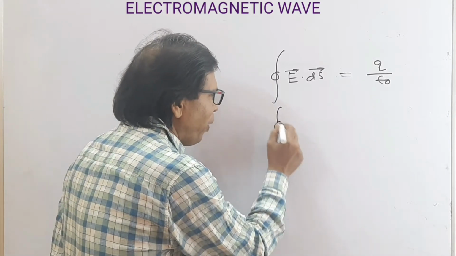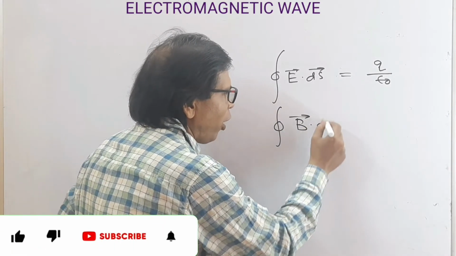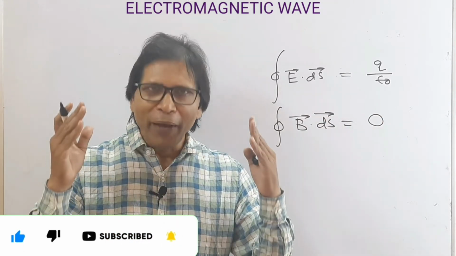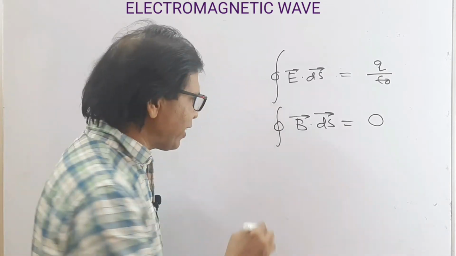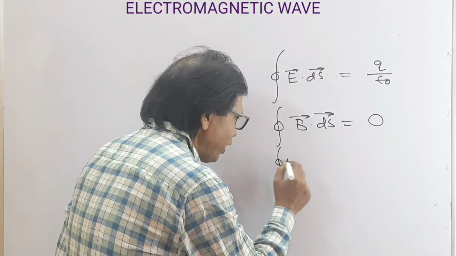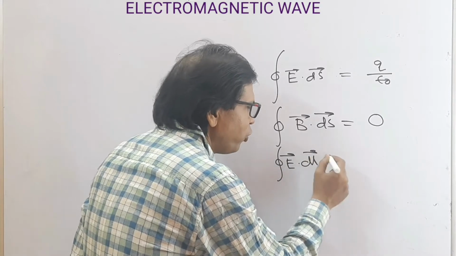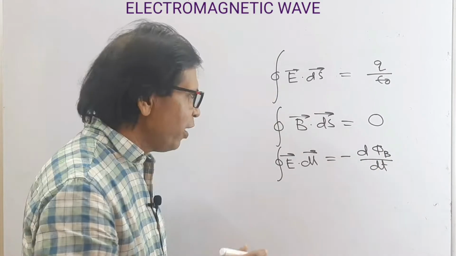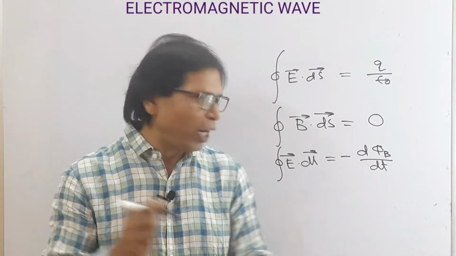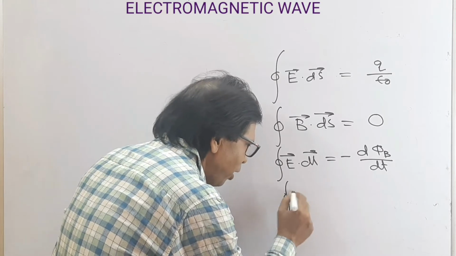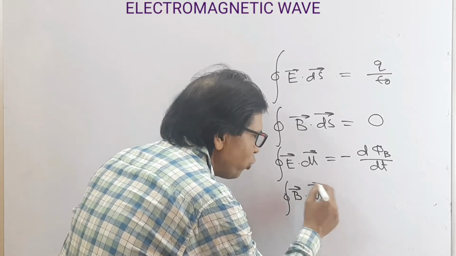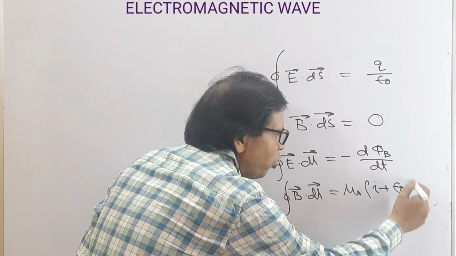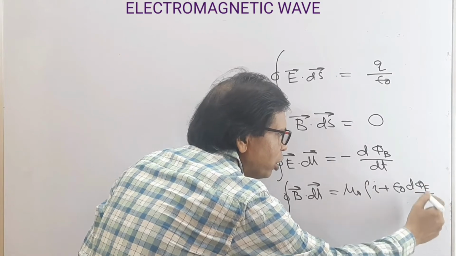Now Gauss law of magnetism: B vector dot dS vector, the magnetic flux, equals 0. Now Faraday's law of electromagnetic induction: E vector dot dl vector equals negative d of magnetic flux by dt. And finally the Maxwell Ampere law: B vector dot dl vector equals mu naught times the conduction current plus epsilon naught d phi E by dt, which is the displacement current.